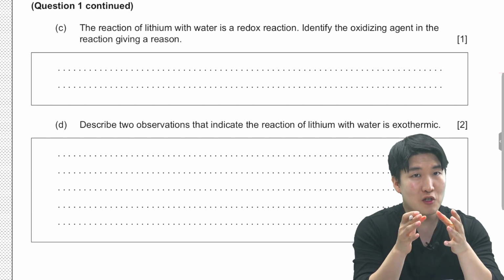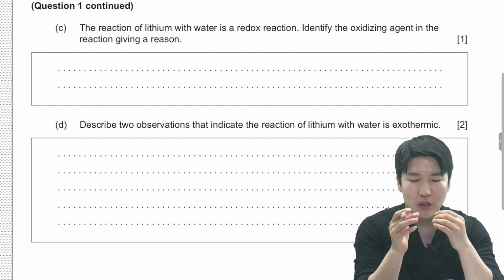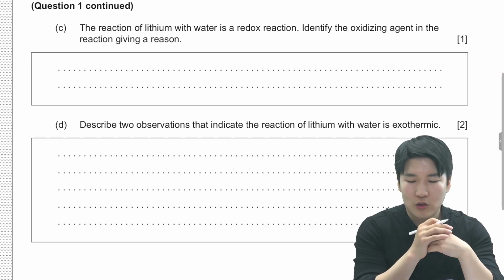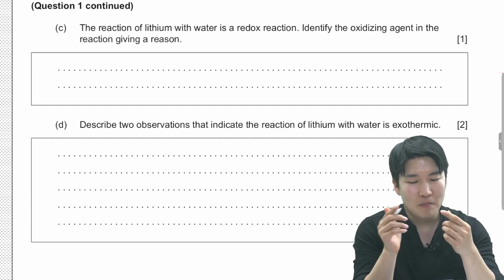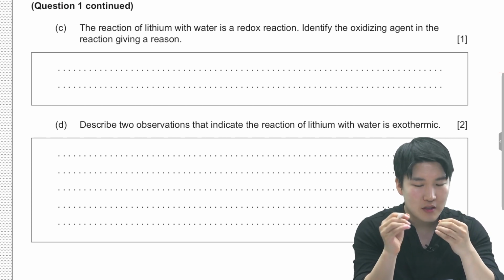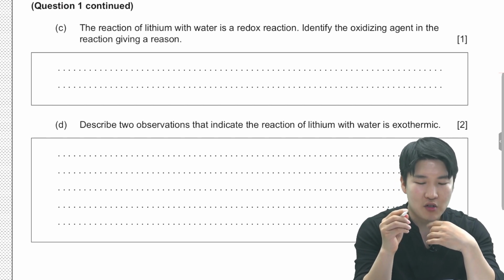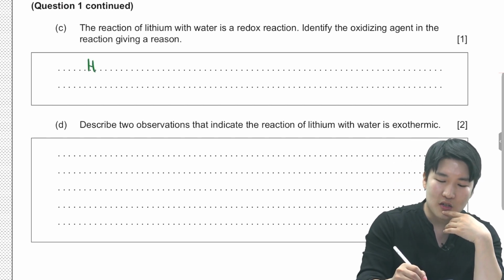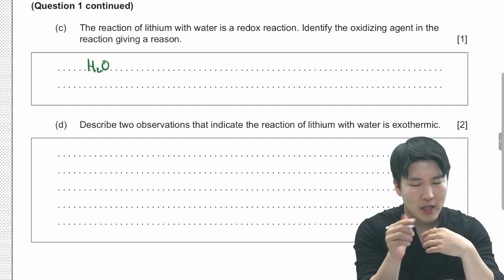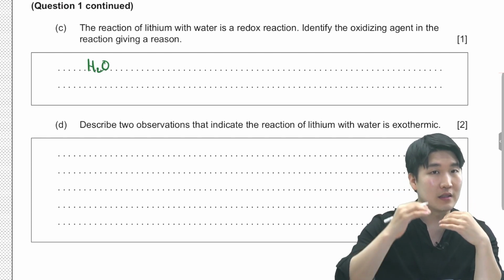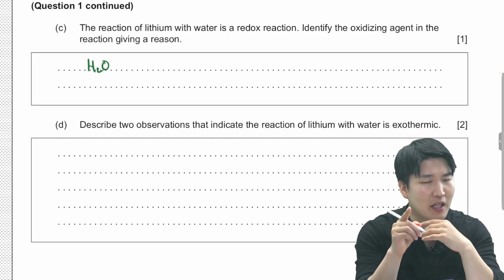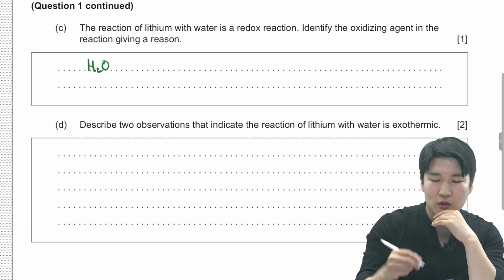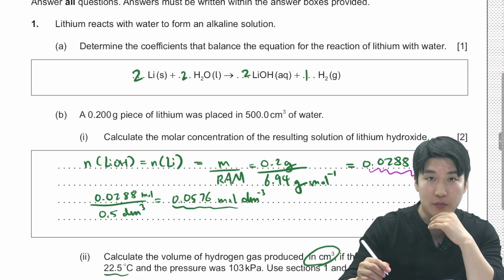We have a change in oxidation state of lithium, don't we? We go from 0 to +1 oxidation state. What that means is lithium has been oxidized by an oxidizing agent, and that oxidizing agent is going to be water. Why? Because water is in turn reduced by the reducing agent lithium. Water is reduced to H+.